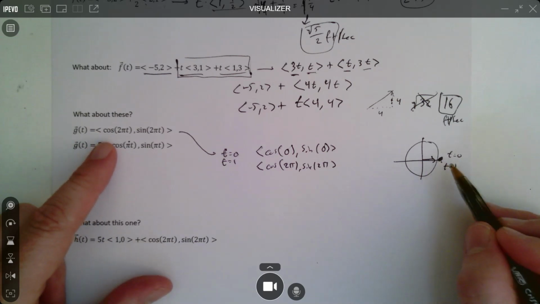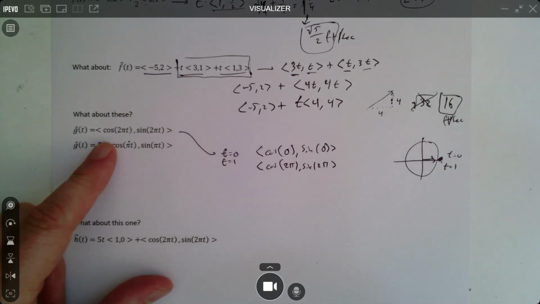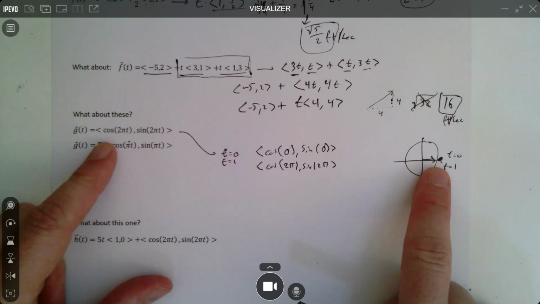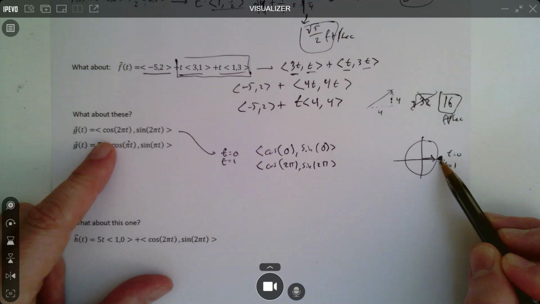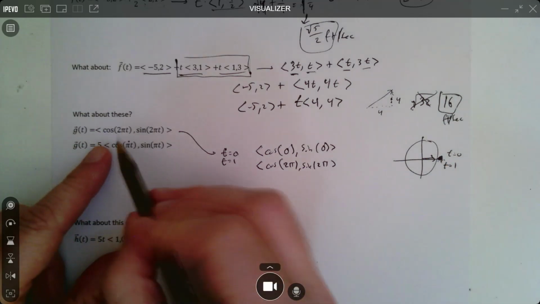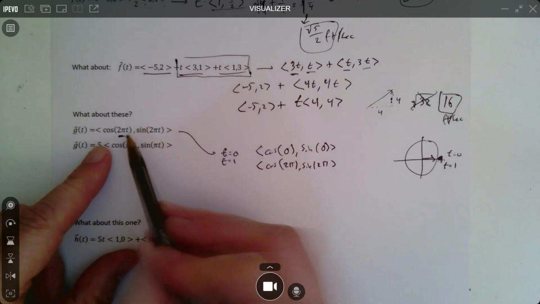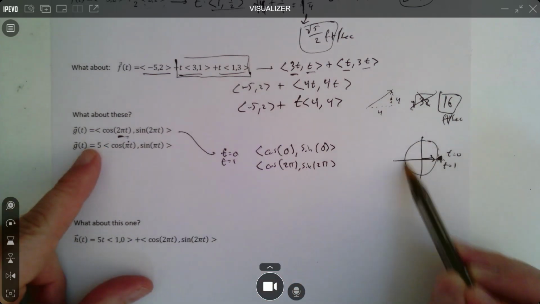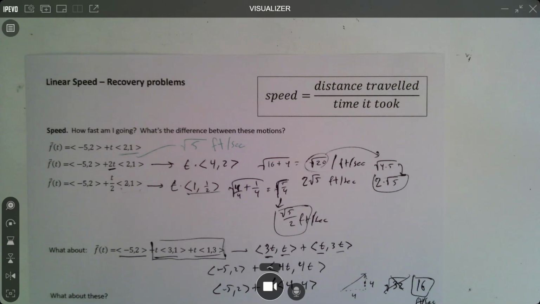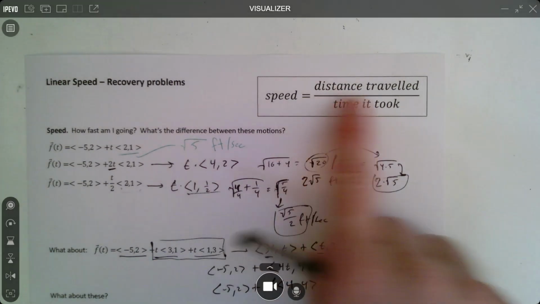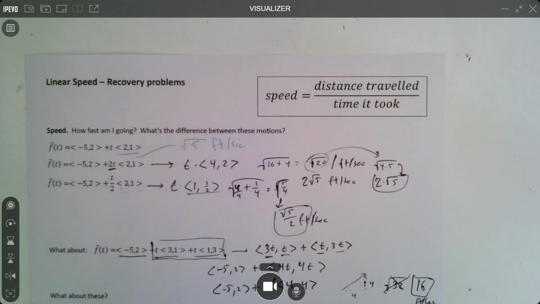So unless you can actually visualize what motion is happening, it seems like my speed is 0, because at time 0 I'm here, and at time 1 I'm still there. What you have to think about is, over the course of that 1 second, I have gone through a full circle here. So again, if I want to know how fast I'm going, I should ask, what distance did I travel in that 1 second?